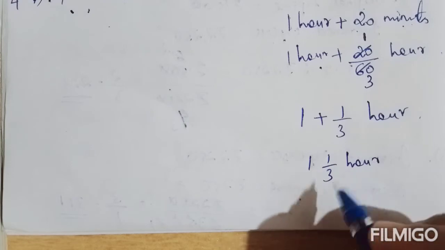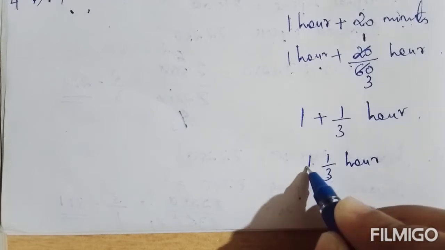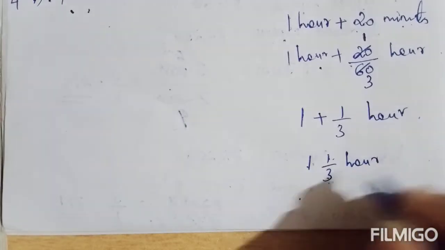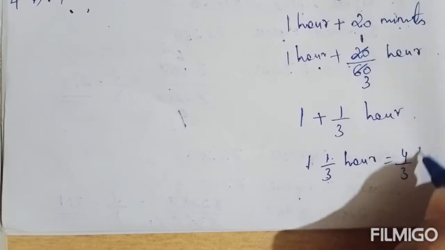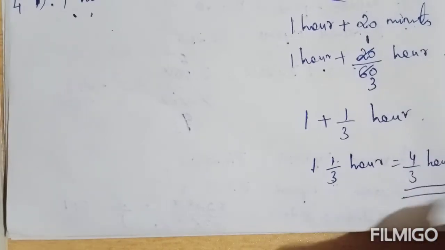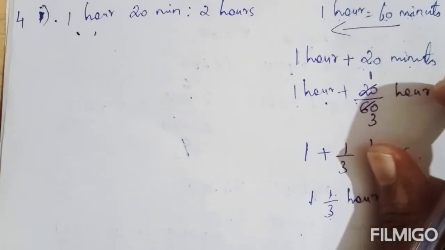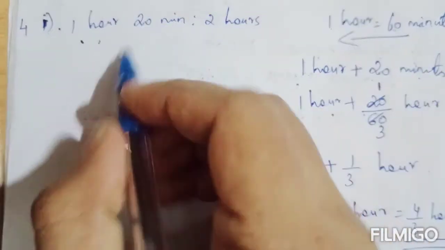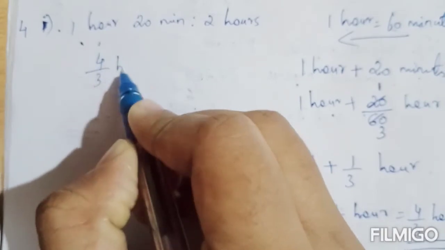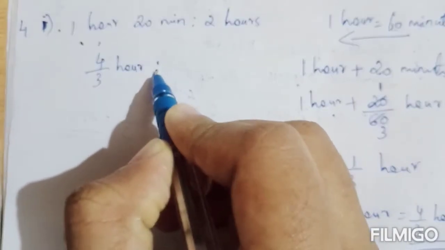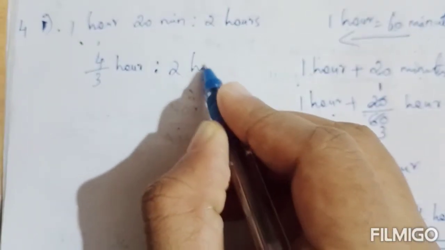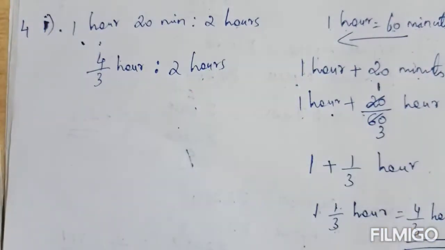Converting this to improper fraction, 3 into 1, 3, 3 plus 1, 4 by 3 hour it will be. So 1 hour 20 minutes is 4 by 3 hour. In place of 1 hour 20 minutes, you can write 4 by 3 hour is to, in place of 2 hours, you can write 2 hours itself.